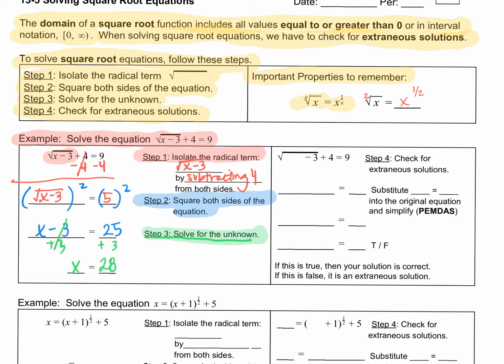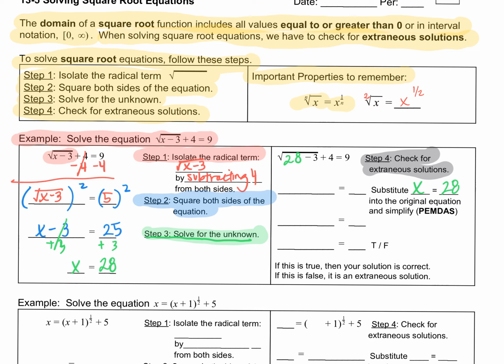Okay, we're not quite done yet, so I'm not going to box that answer. Step 4 is to check for extraneous solutions. So I'm going to substitute the solution I got. Substitute x equals 28 in the original equation and simplify it using PEMDAS order of operations.